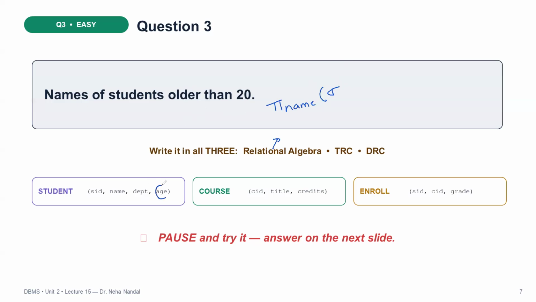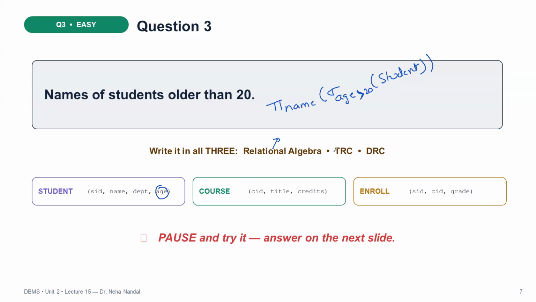That means we are targeting the column age. Age should be greater than 20. We select this condition from the table student. Then you give the condition: A should be greater than 20. That is your answer for relational algebra.